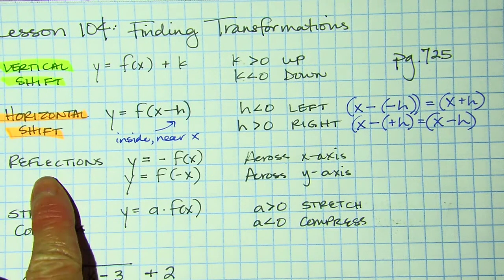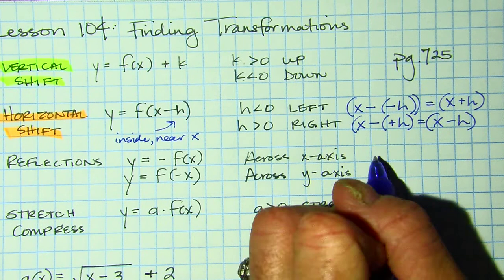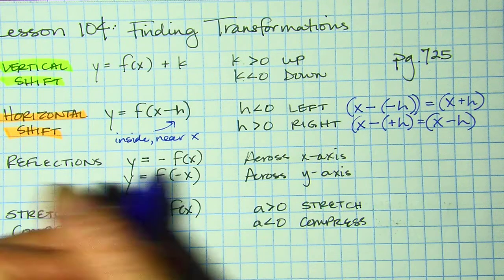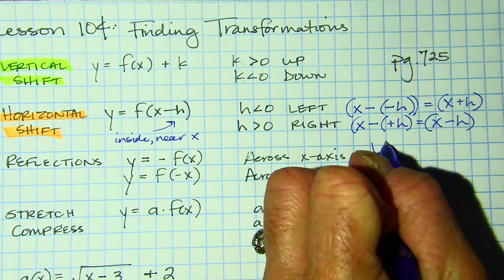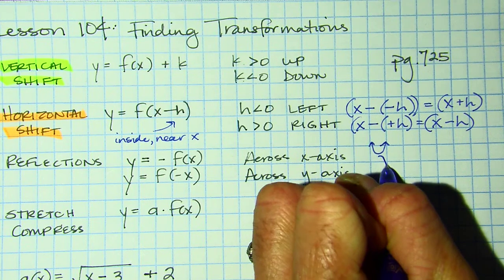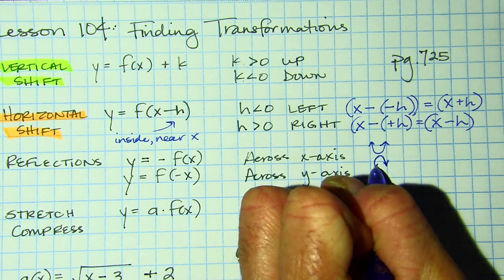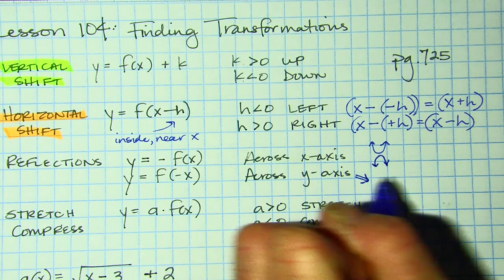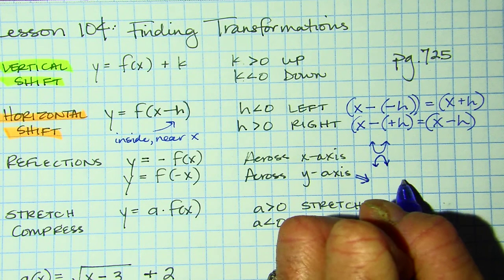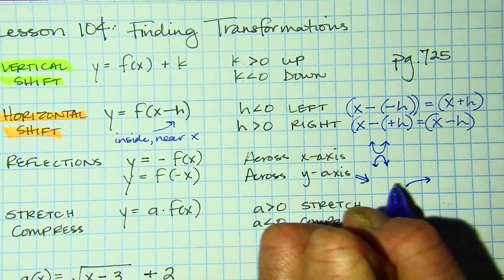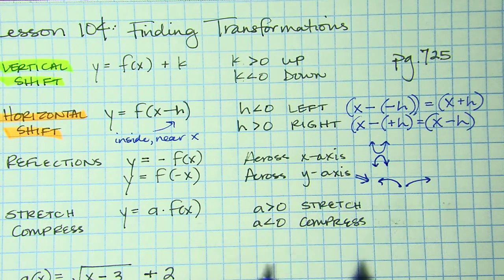Then there are reflections. So a reflection across the x-axis would mean that it would go from pointing up to pointing down. Across the y-axis would mean that it would be like a graph pointing to the right that all of a sudden points to the left.